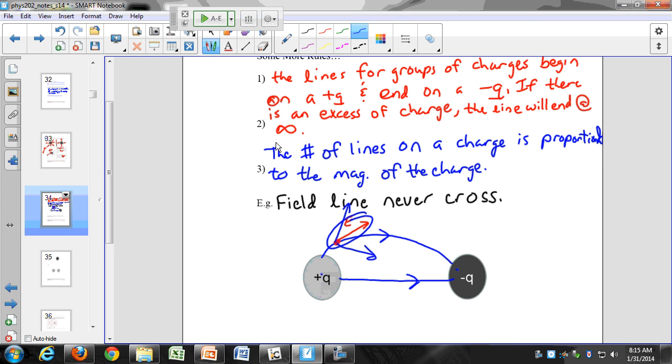Electric field lines come here as well, and since I have two equal charges, all the lines that start in the plus Q charge are going to end in the negative Q charge.